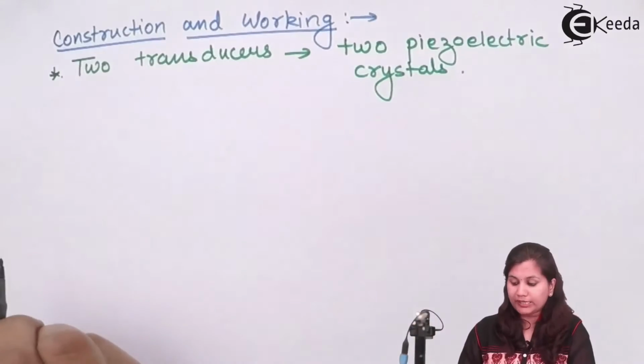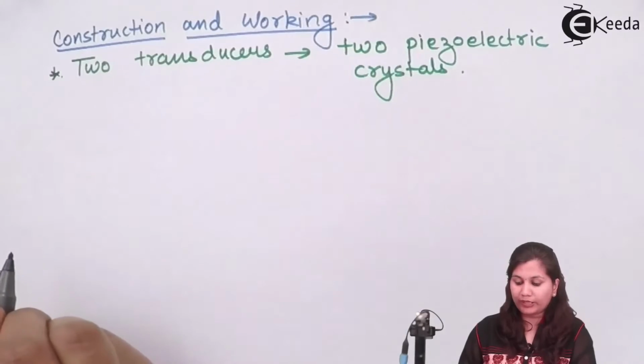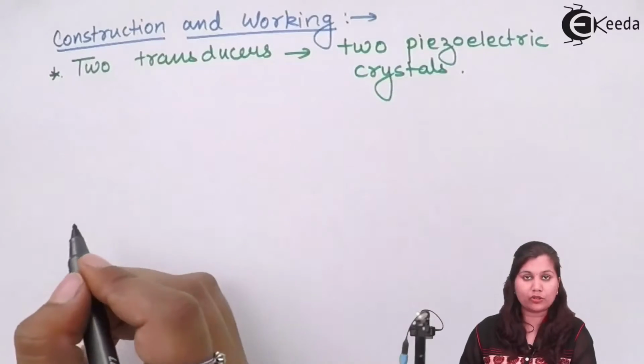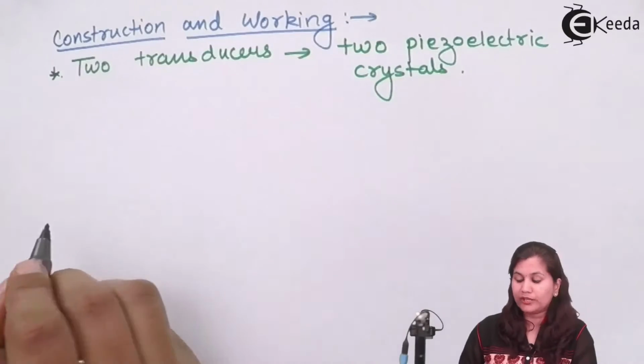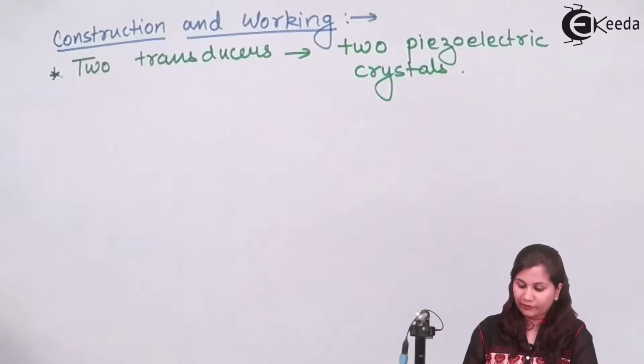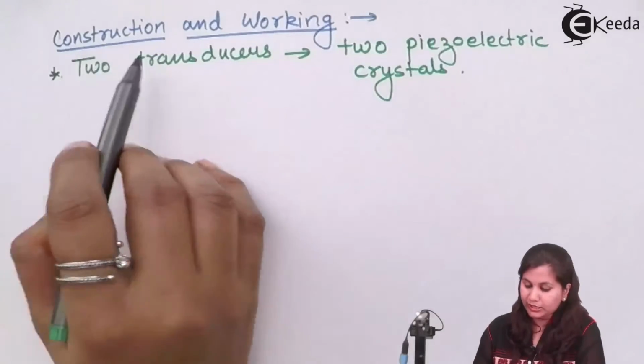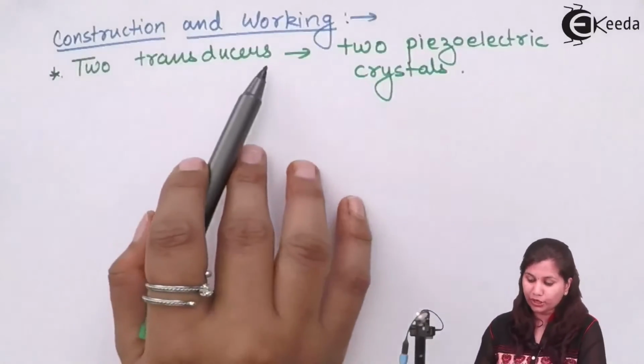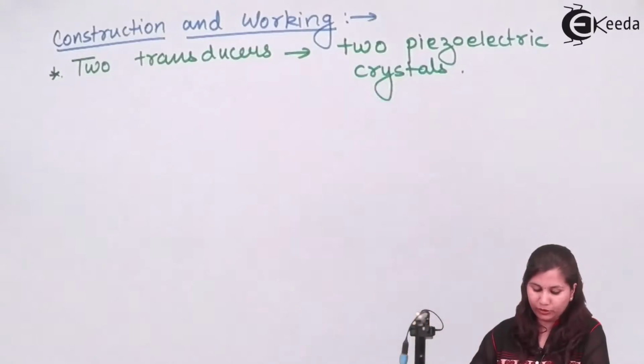Okay, so these piezoelectric crystals are going to act as the transmitter and also as the receiver. They are going to transmit the ultrasonic waves and also receive the ultrasonic waves. So these flow meters consist of two transducers which are two piezoelectric crystals.